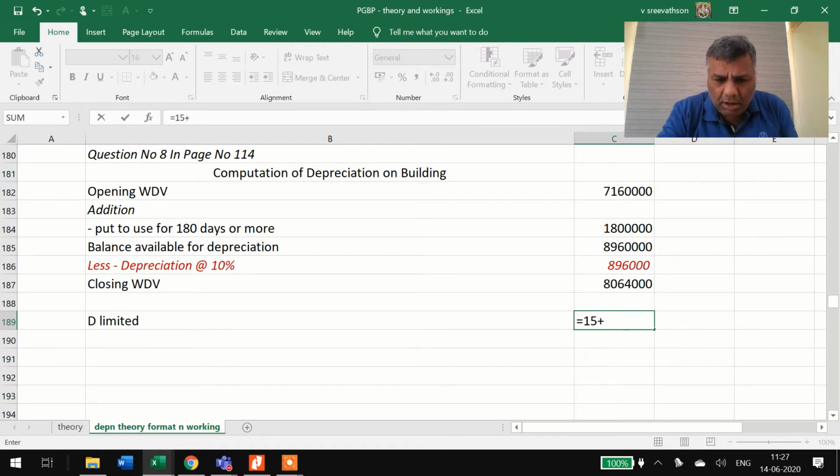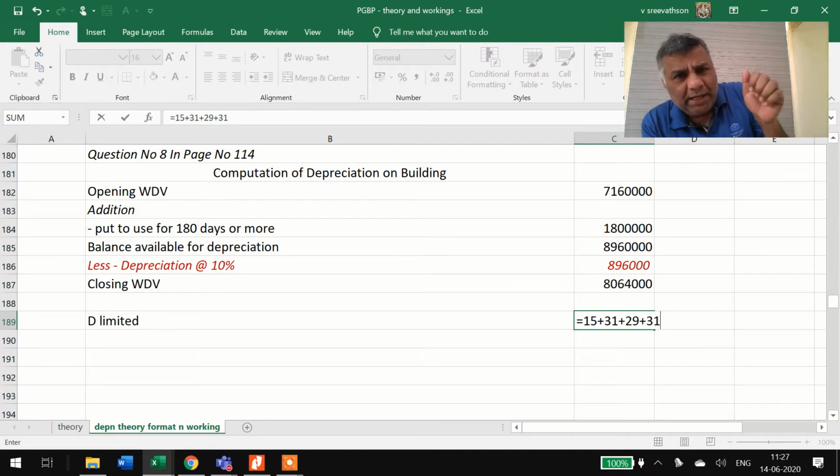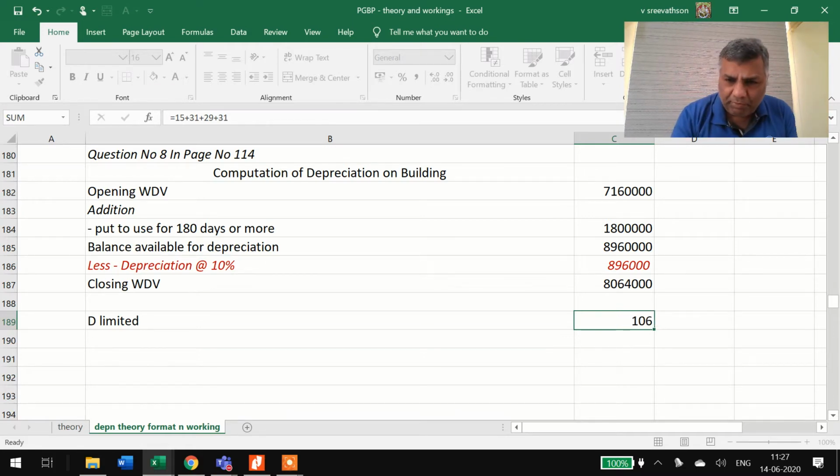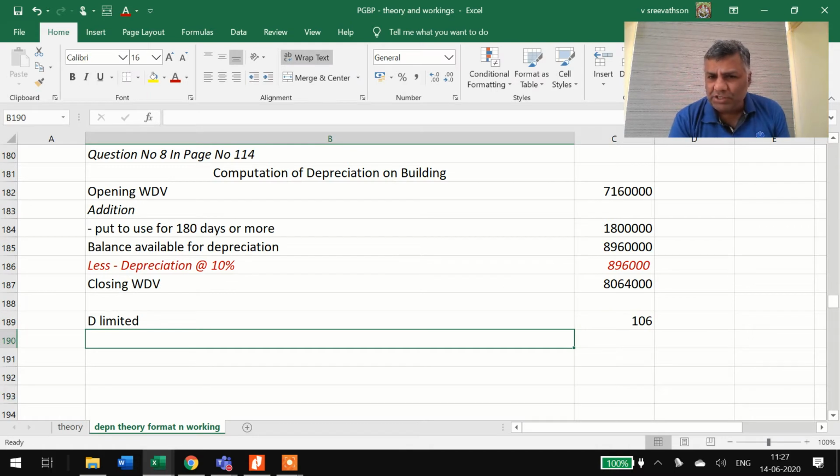Repeating, in December it amalgamated on 17th, and up to 16th it belongs to A Limited. From 17th, 31 minus 16 makes it 15 days, plus 31 days of January, plus 29 days of Feb, plus 31 days of March makes it 106 days.